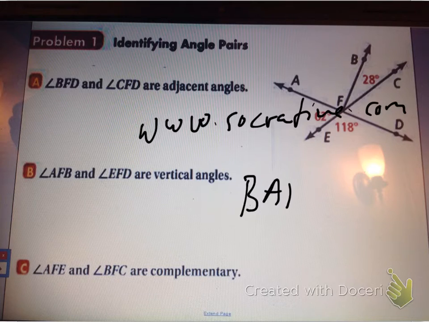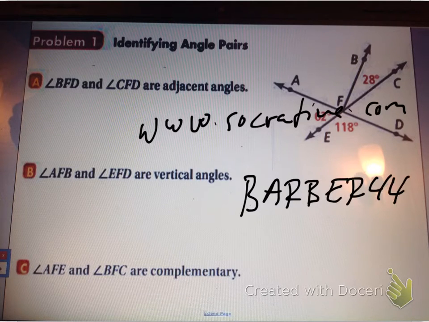Remember the password Barber44, and go ahead and submit your answers. When you're finished, hit play and continue on.